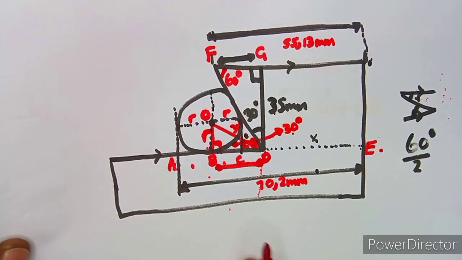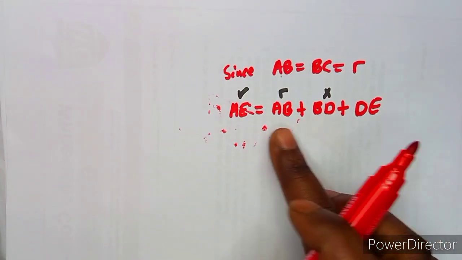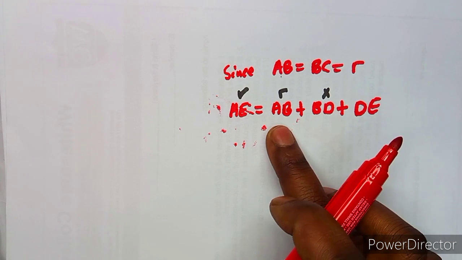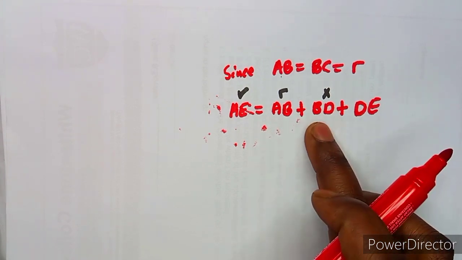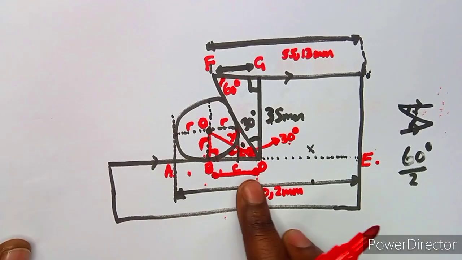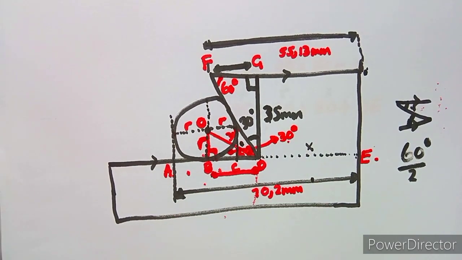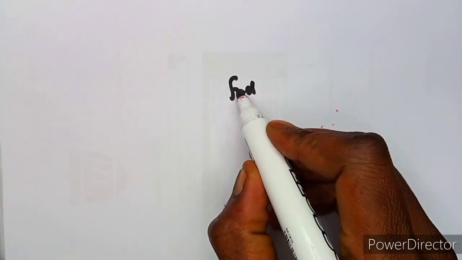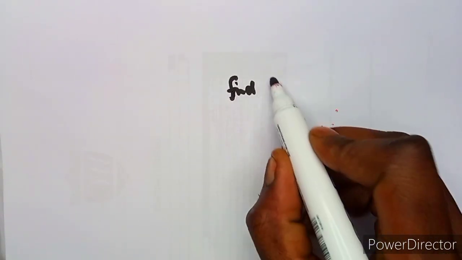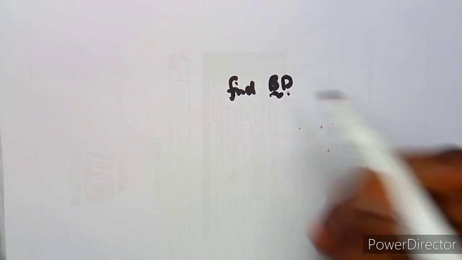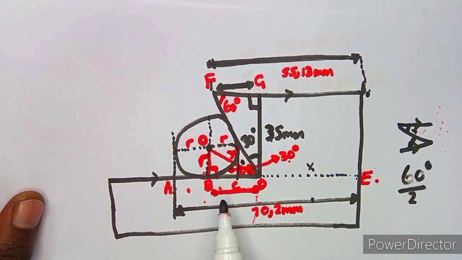Since we want to calculate, because we said AB represents the radius, we can find BD. Okay, this is our BD here. It's in the triangle OBD. All right, so let's find BD. So how am I going to find BD?